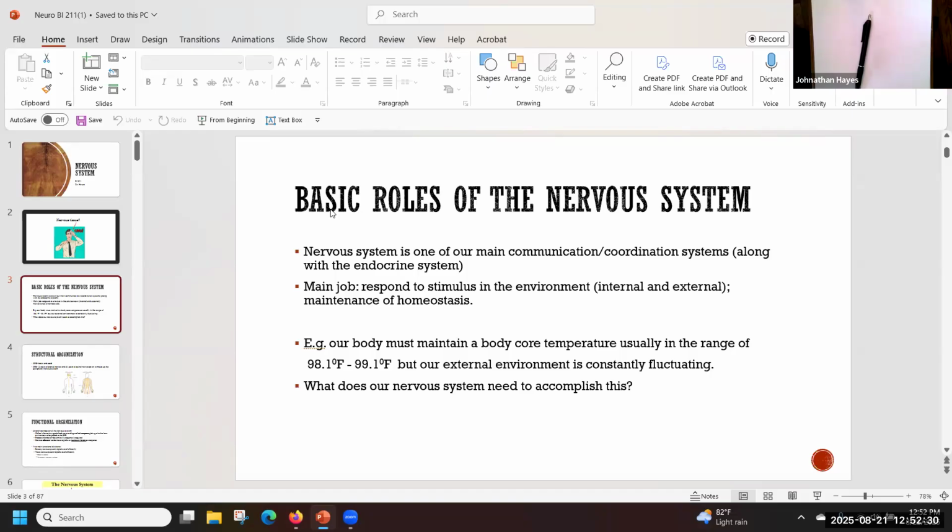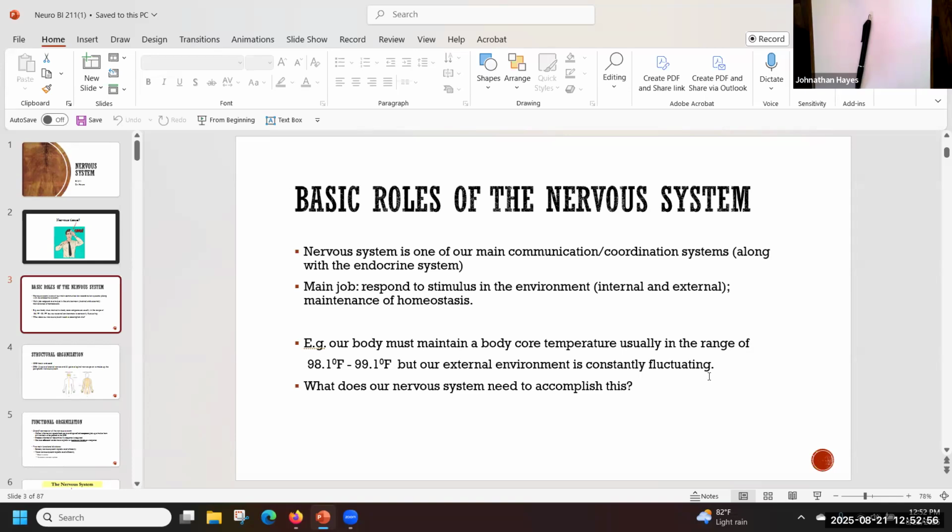So this basic example on this early page is if I want to maintain a body core temperature somewhere between 98.1 and 99.1, I need to A, sense that information, B, set that information. Like if we want to hover around 98.6, give or take about a half a degree. And then we need to be able to respond to the input we're receiving.